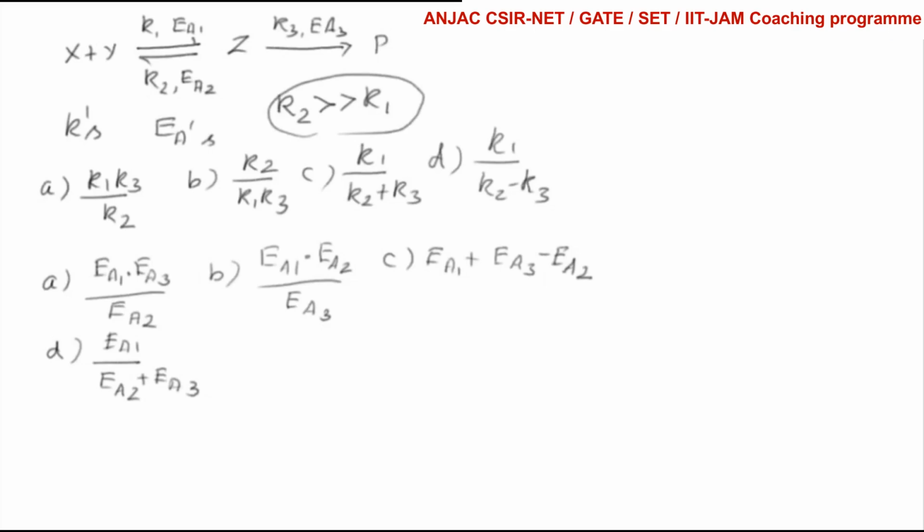Finally you arrive at the rate law, from which you can determine the overall K. But instead of going that way, these same problems were given in the 2009 GATE examination, I think. And what is the answer for it?